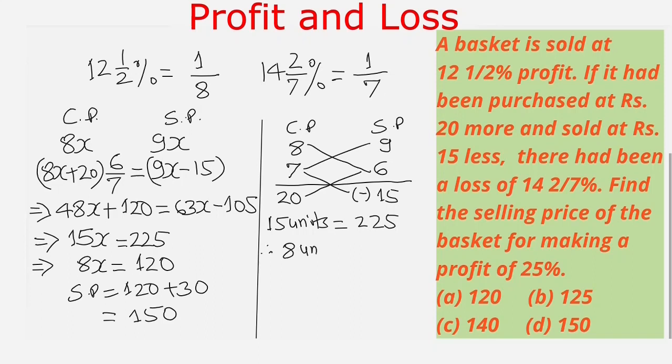So we find the value of 8 units. 8 units is equal to 225 divided by 15, which is 15 times, and 15 times 8 is 120. So CP is 120. Therefore SP is 25% more than 120, and 25% on 120 is 30. 120 plus 30 is 150. So our selling price is 150 for making the profit of 25%. And from the given options, our answer is option D, rupees 150.